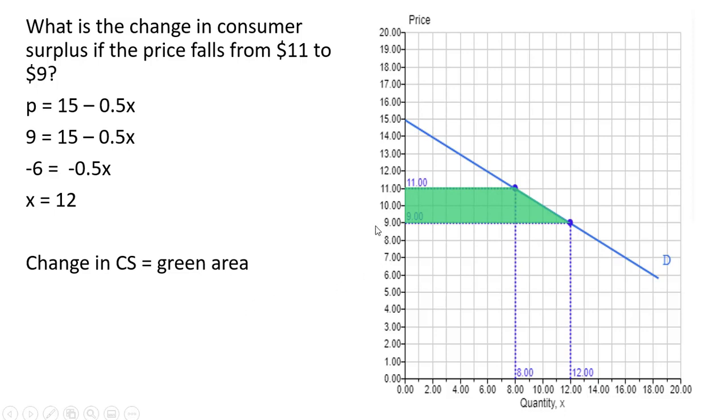So if we calculate this green area, we're going to break it up into a rectangle. It's going to be a 2 by 8 rectangle, so that's 2 times 8 right there. And then this triangle over here on the far right is going to be given by 1/2 base times height. So the change in consumer surplus from the decrease in the price is that consumer surplus would go up by $20.